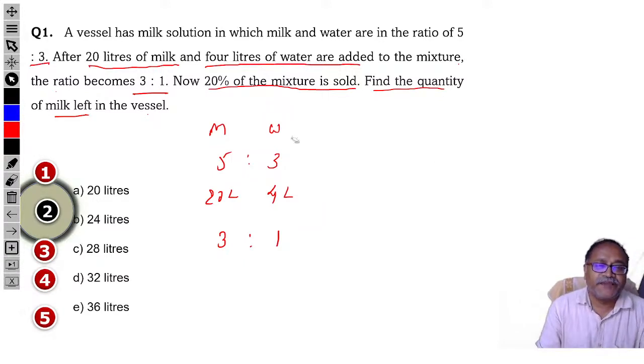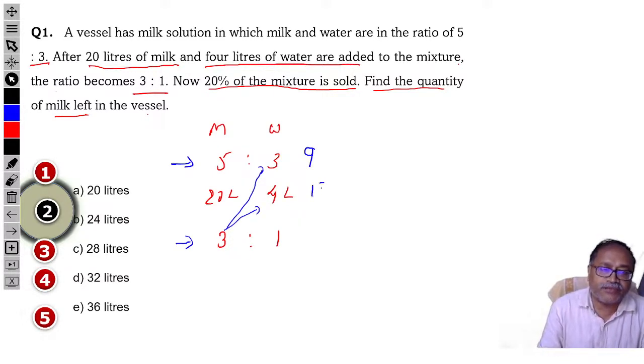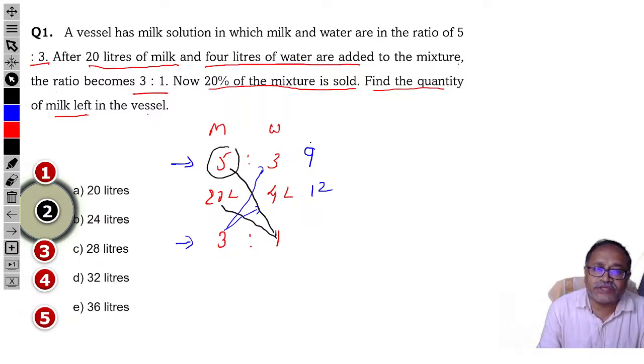So what I understand over here, the first ratio is 5:3 and the second ratio is 3:1 after these changes. So I will multiply 3 into 3, that is 9, and this is the best way to answer the question, and 3 into 4, that's 12. On the other side, multiplying 1 by 5, it will remain 5, and multiplying 1 by 20, it will remain 20. Now take the difference of 5 and 9, that is 4, and the difference of 20 and 12, that is 8.